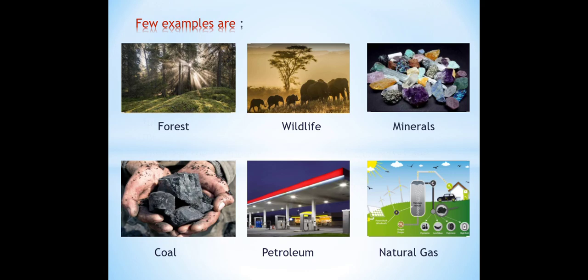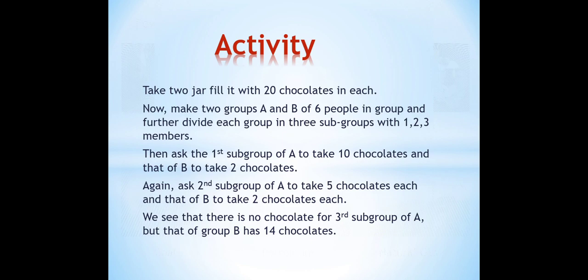Okay, students, let's see an activity. Take 2 jars, fill each with 20 chocolates. The chocolates are limited here, only 20 in each. Now make 2 groups, A and B, of 6 people in each group, and further divide each group into 3 subgroups with 1, 2 and 3 members.